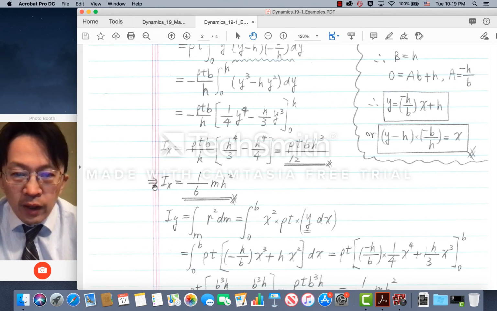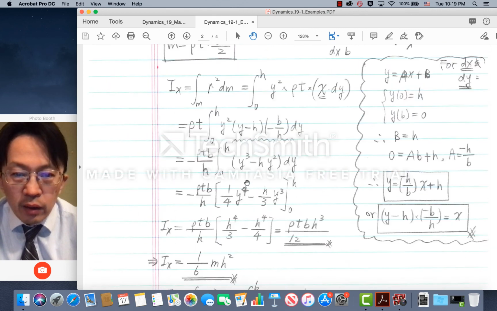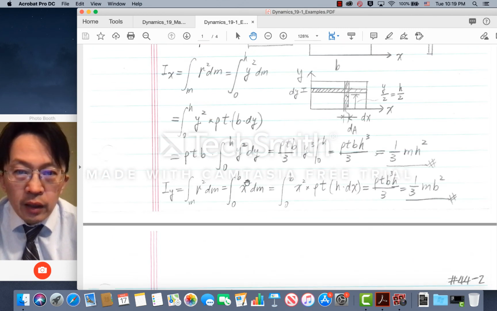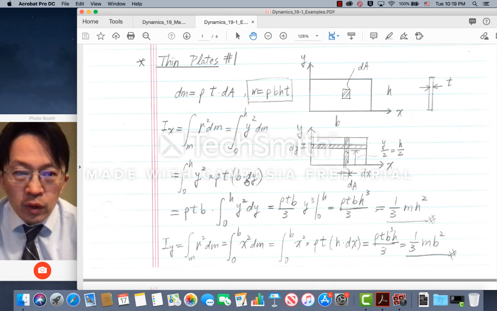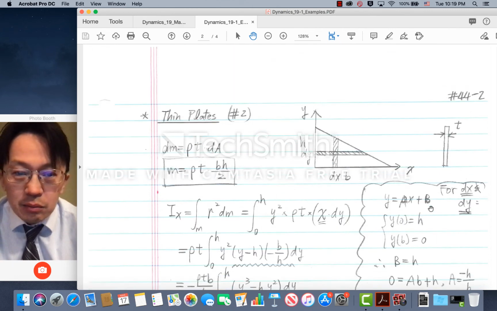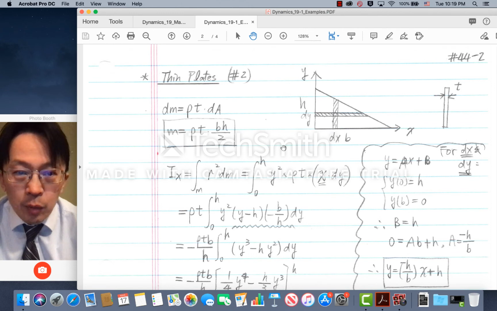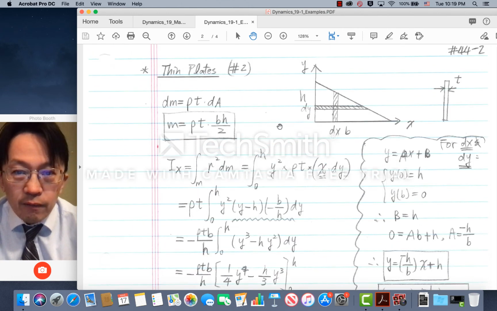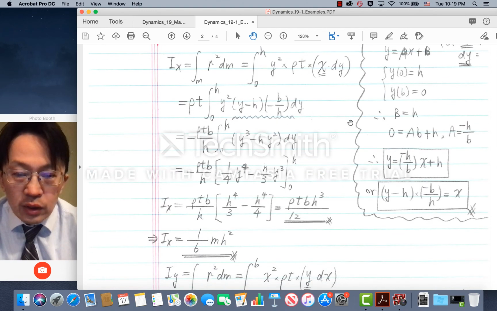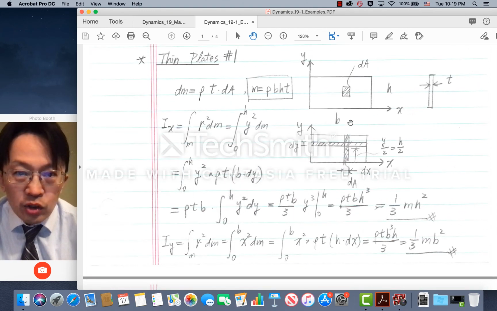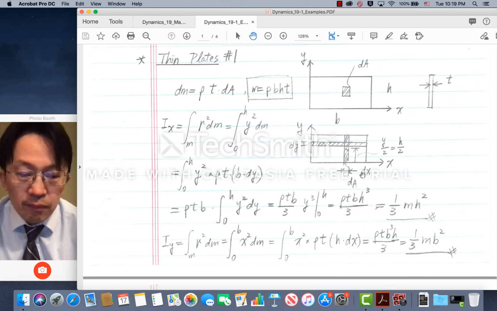Now if we compare these results, it is not surprising to see that they are awfully similar. The value of Ix for a triangular plane is 1/6 of m times h squared. And if you look at the Ix for a rectangular plate, it is actually 1/3 of m times h squared, which means that the mass moment of inertia of a triangular plane configured this way is actually half of the mass moment of inertia of a rectangular plane.